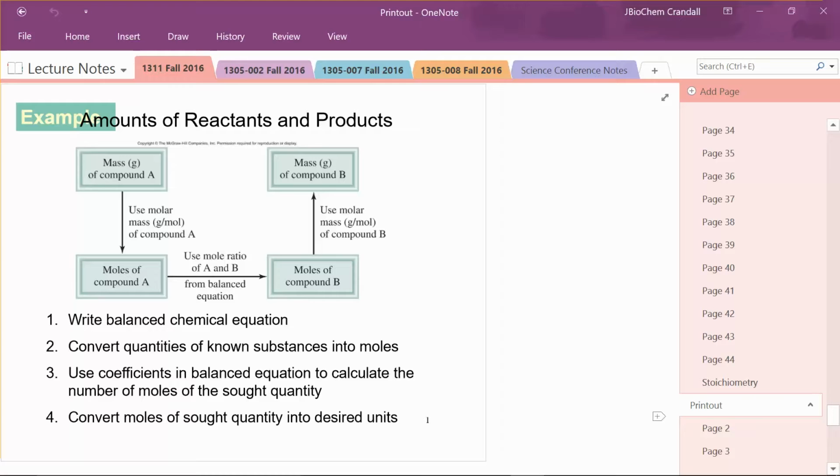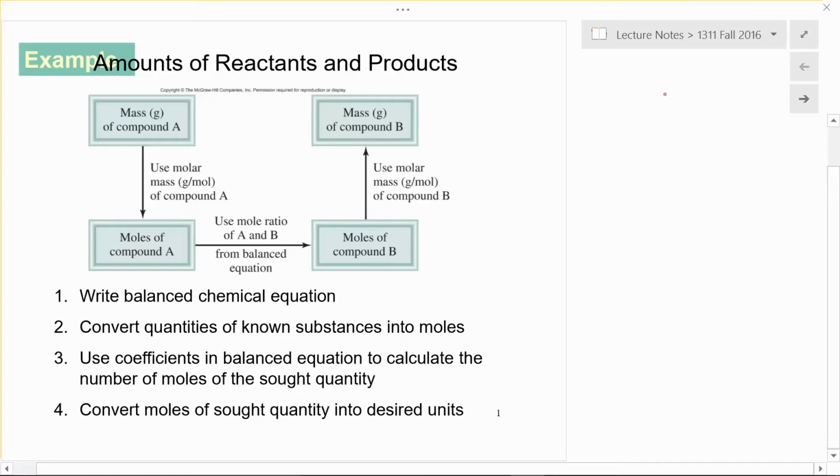Okay? And I want to make this very clear. You can never go from the gram quantity of one thing straight to the gram quantity of another thing. So let's say that with N2 plus 3H2 produces 2NH3, you had 0.78 grams of H2.